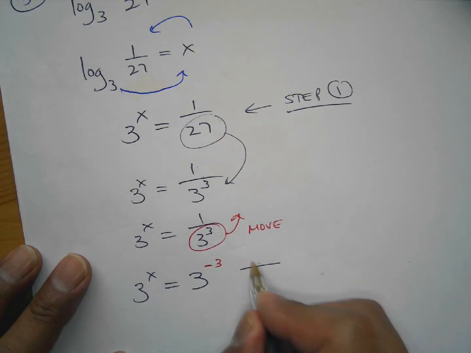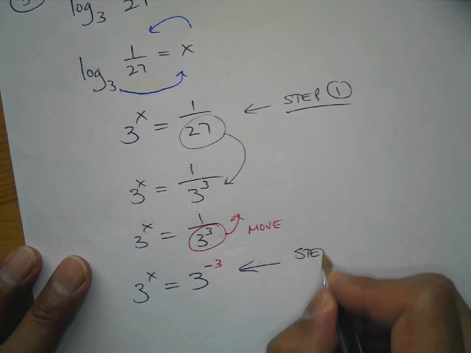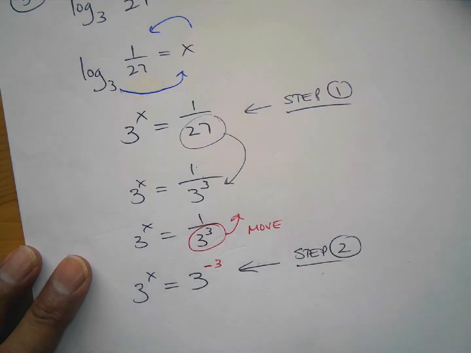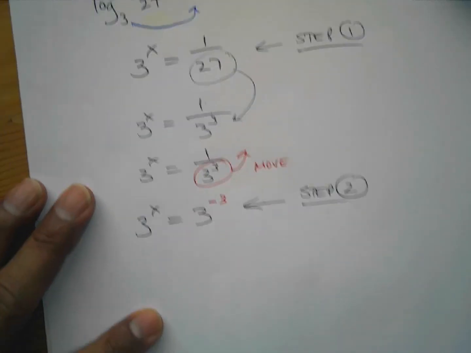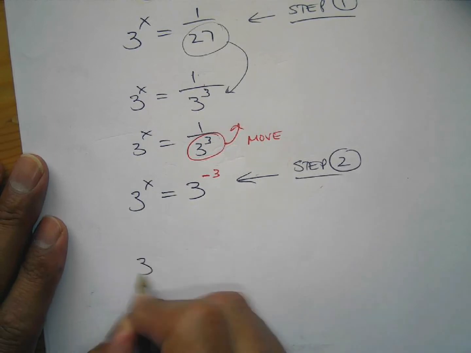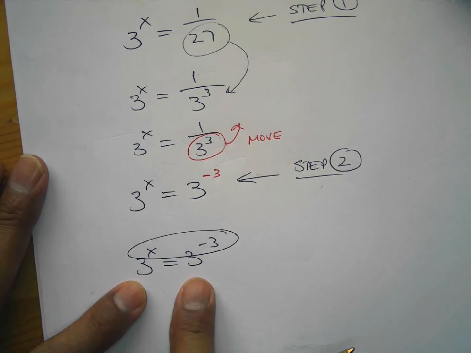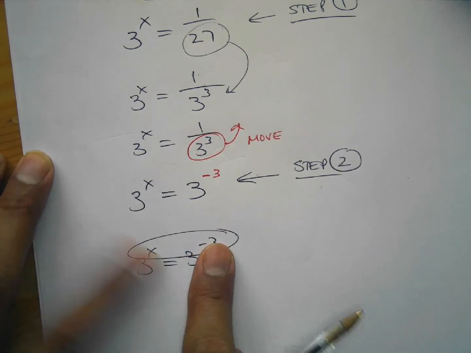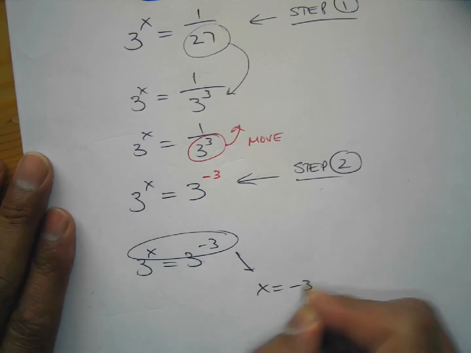This is the end of step 2. We get the same base. And step 3 is to solve, but once the bases are the same, you don't have to look at them. You just solve this. Well, there's nothing to solve. You get x equals negative 3.